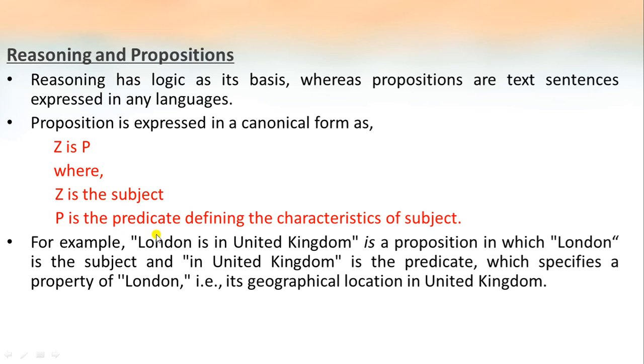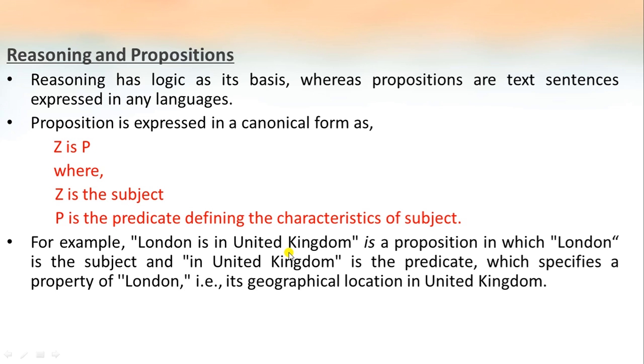Let us consider one example. I have written a proposition, which is a normal text sentence in any language. So this is the proposition: London is in United Kingdom. So here the normal representation is Z is P. London will be the subject and in United Kingdom is the predicate.